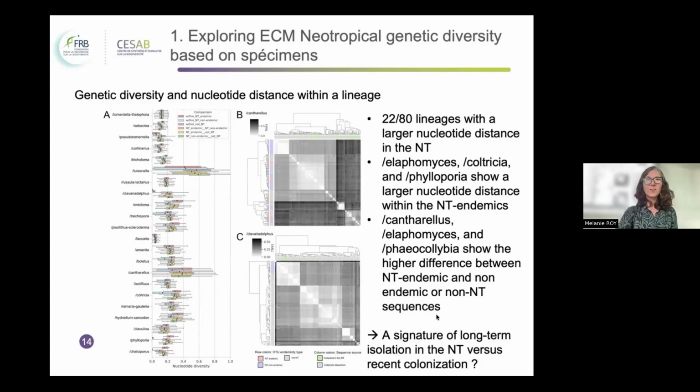On the opposite, you have, for example, Clavaria, which has nearly no pattern of clustering in the neotropics, and the hypothesis is that these latter lineages may have colonized the neotropics several times. So to summarize these results, only for some lineages, Elaphomyces, Clavulina, Cantharellus, Phaeocollybia, we may have a long-term isolation in the neotropics, but not for all the others. So mostly it's a pattern of recent colonization.